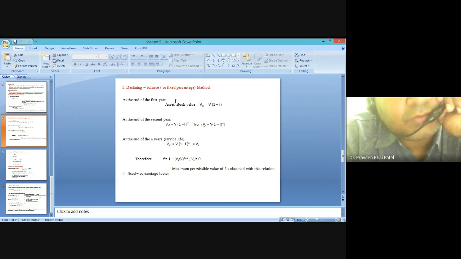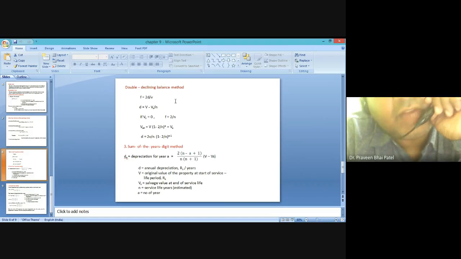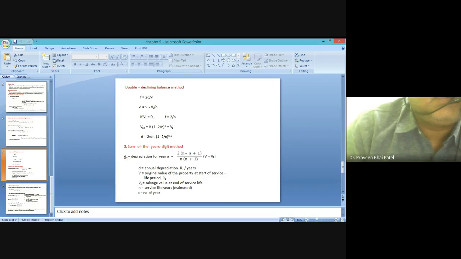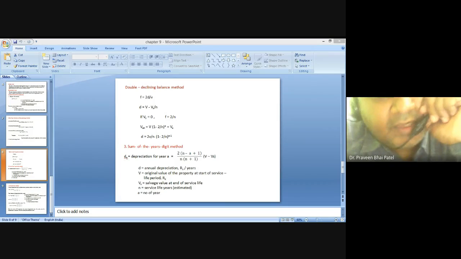So from this formula we are able to calculate the value of the declining balance method at every year, and finally we get the final value after n number of years. Now coming to the more advanced form of that, it is the double declining method. What is the double declining method?